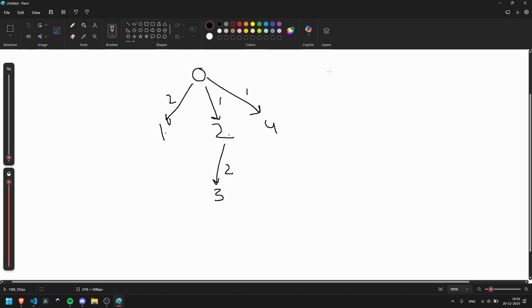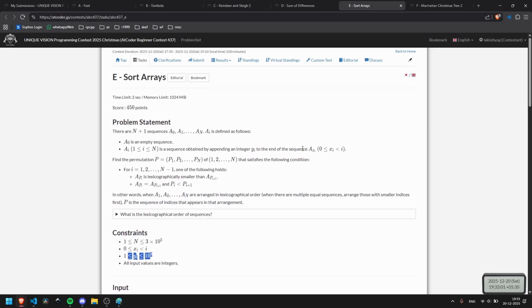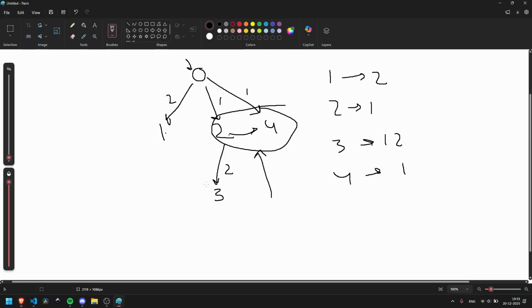So now for 1 it's 2, for 2 it's 1, for 3 it's 1 2, and for 4 it's 1 as well, right? So here when we start at some node, we look at the children. If their edge values are same, we would want to iterate them in the order of their node values as this constraint stated.